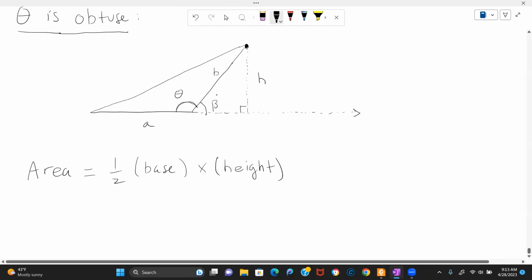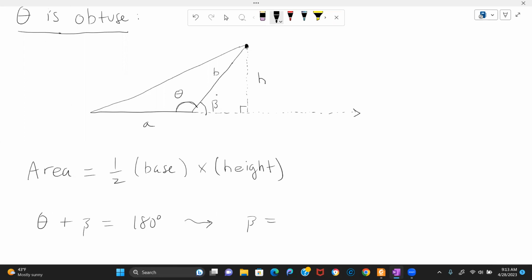These angles share the same ray, so the sum of these angles has to be 180 degrees, and that means we can write beta completely in terms of theta. So let's replace beta with the actual angle: 180 minus theta.